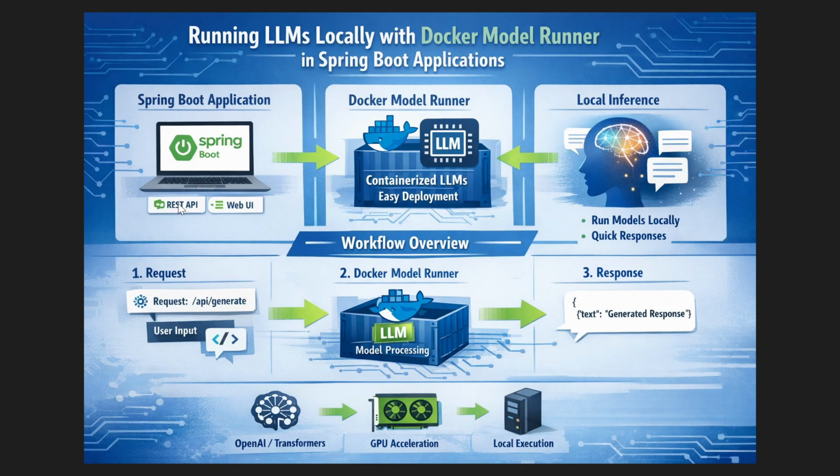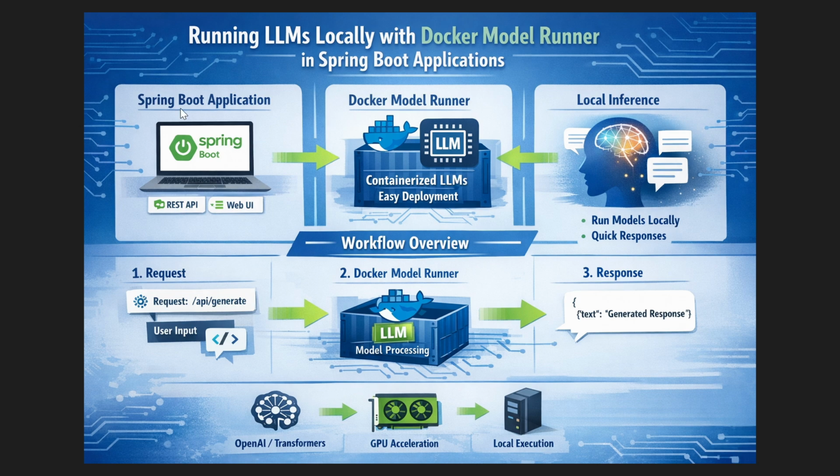So in our previous video, we learned how to set up the Llama model locally and integrate it with a Spring Boot application. In today's video, we are going to look at another powerful way to run LLMs locally, and that is by using Docker Model Runner. This is the second approach through which we can locally access LLM models and use them in our Spring Boot applications.